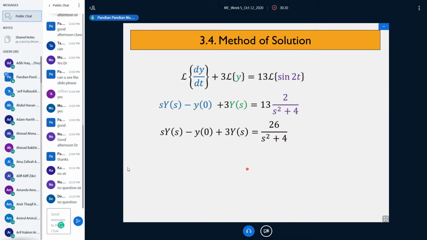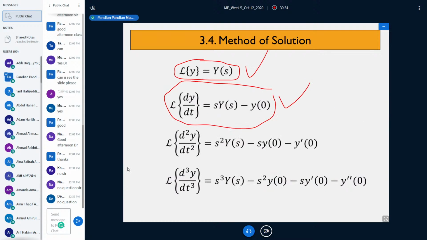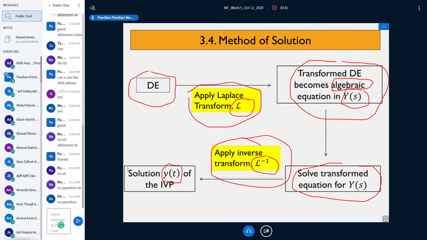So you have this. And now look at this carefully. Laplace of dy/dt, according to the formula, is sY(s) minus y(0). So you copy this and put it here.